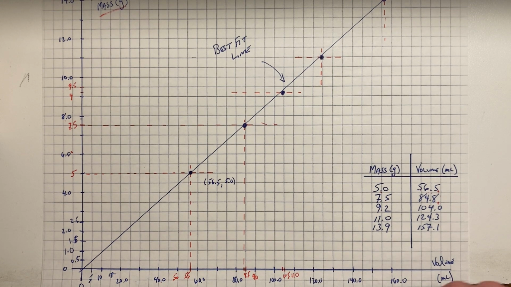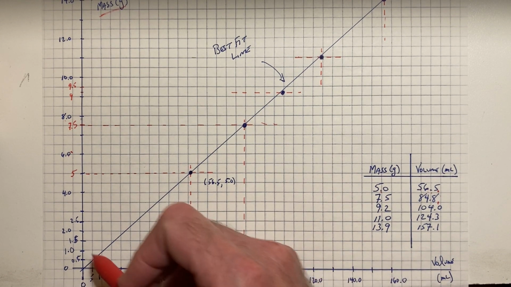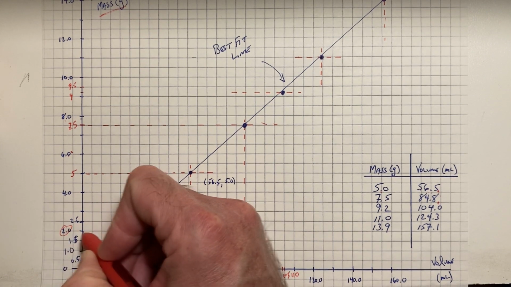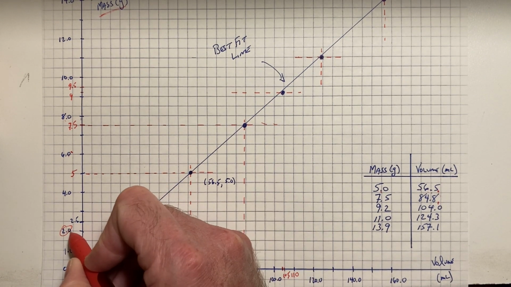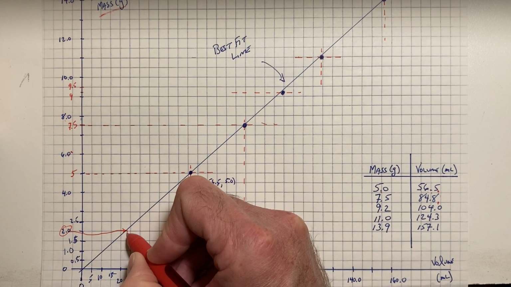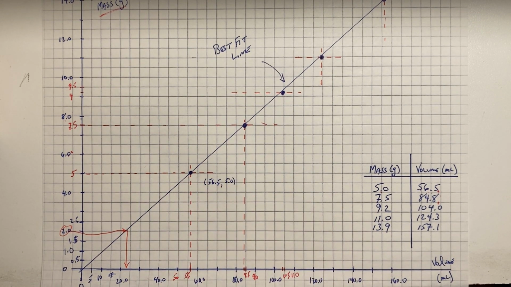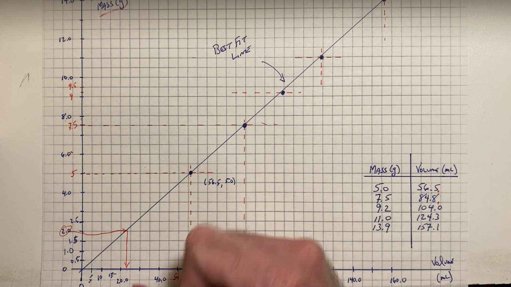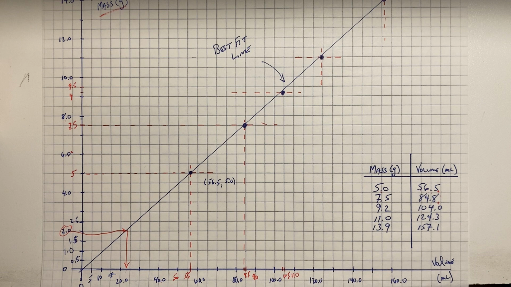So even though we didn't take a data point down here around, say, 2 grams, we can tell that if we had 2 grams, it would have a volume of about 23 milliliters. So we can use the graph, or the best fit line in this case, to do some estimation at a later date.